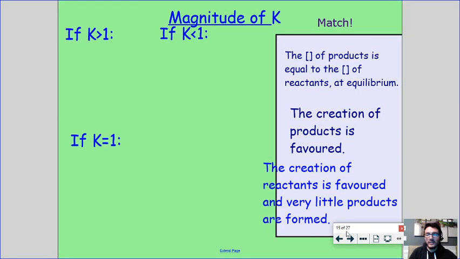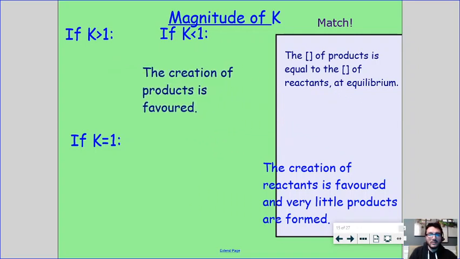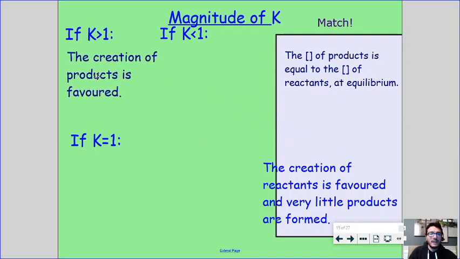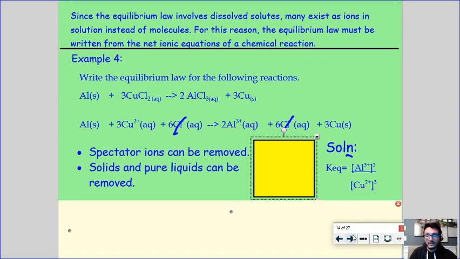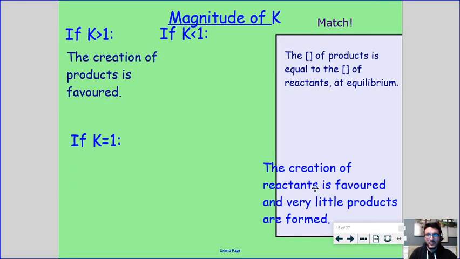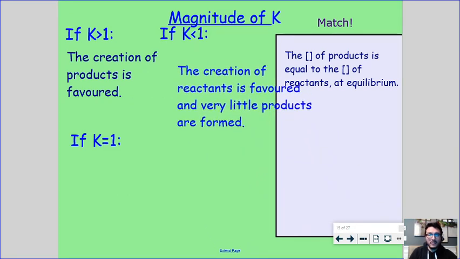Okay, so if the numerator is larger, then we would have more products. So hopefully you've matched this in your head, K being greater than 1 would mean the creation of products is favored at equilibrium. If K is less than 1, that would mean our denominator is greater. Our denominator represents reactants. So this would be correct here.